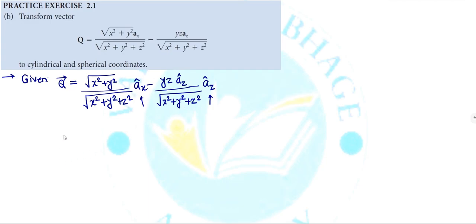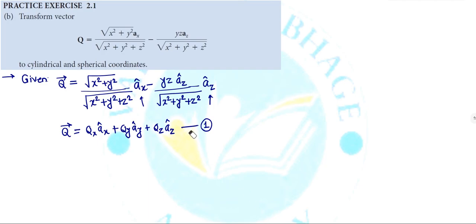If we rewrite this given vector in its rectangular or Cartesian form, we can write Qx ax plus Qy ay plus Qz az, where capital Q x, y and z are nothing but the components along your unit vectors, that is ax, ay and az. Say this to be equation 1.